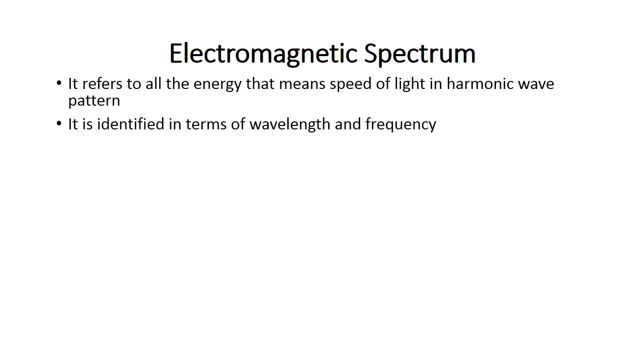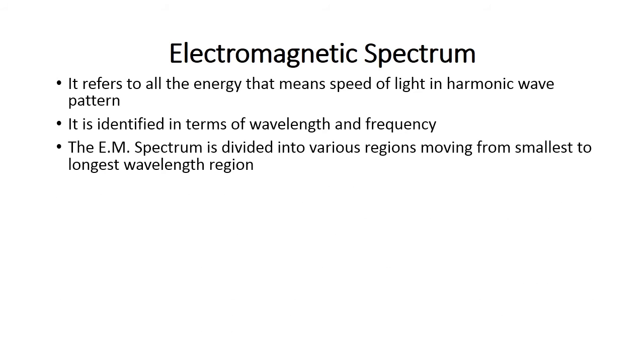Any object at a temperature above absolute zero radiates energy, whose wavelength depends on temperature. The total range of wavelength from nanometer to meter is commonly referred to as the electromagnetic spectrum.